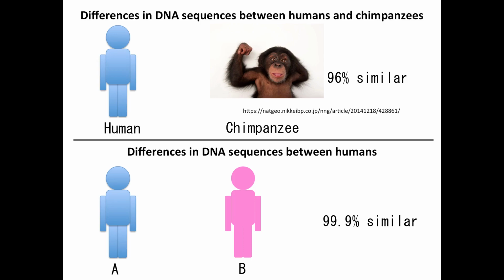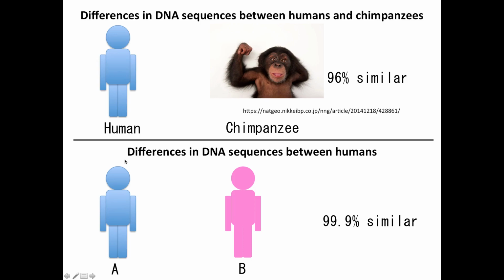In this slide, we want to consider the difference of the DNA sequence. In the upper case, the DNA sequence of human and chimpanzee is about 96% similar. Very similar. Just 4% of the DNA sequence is different.